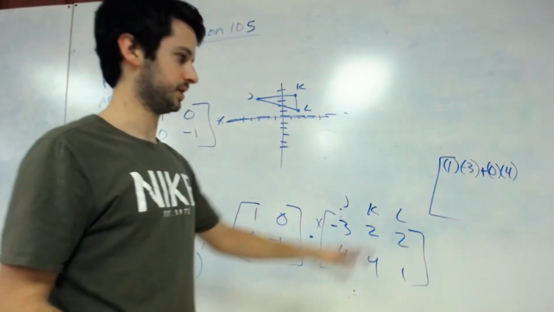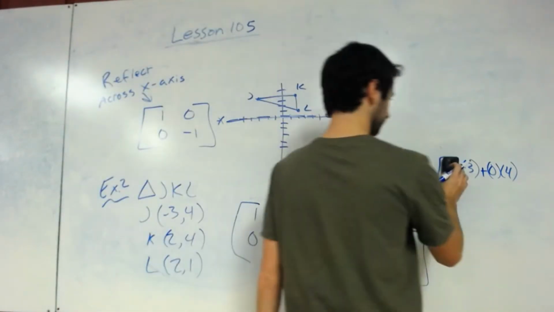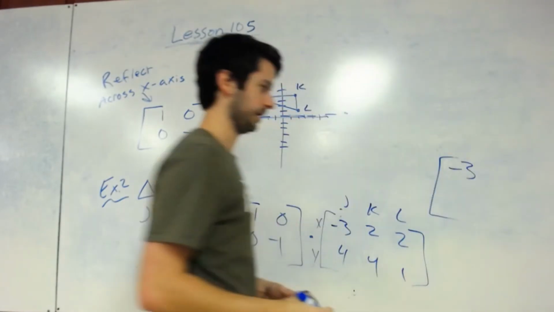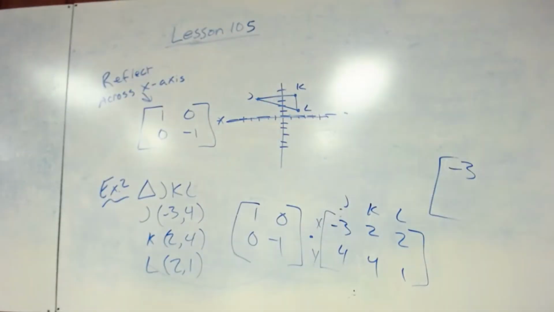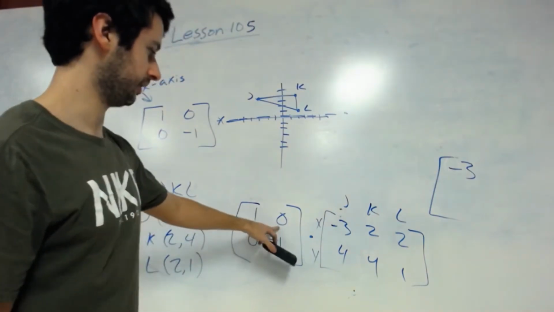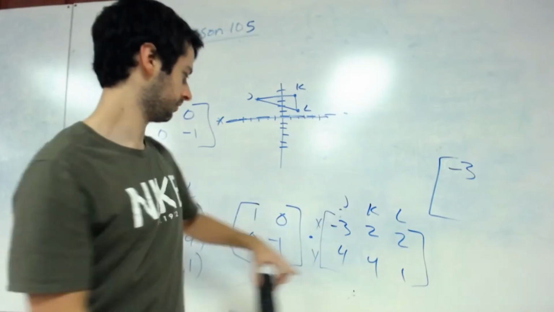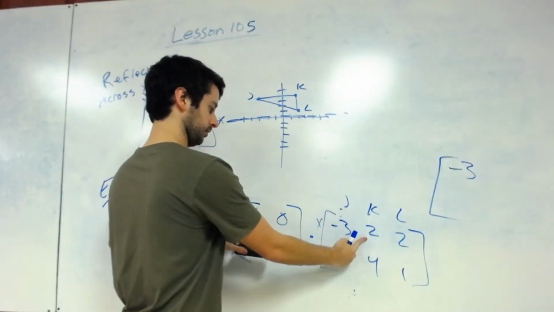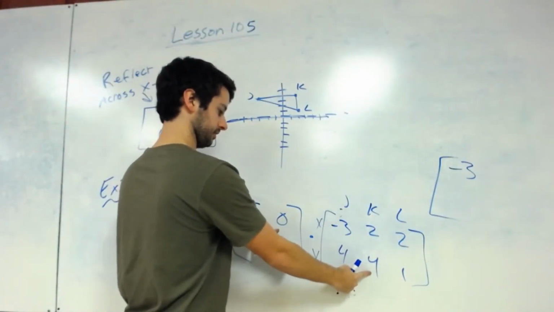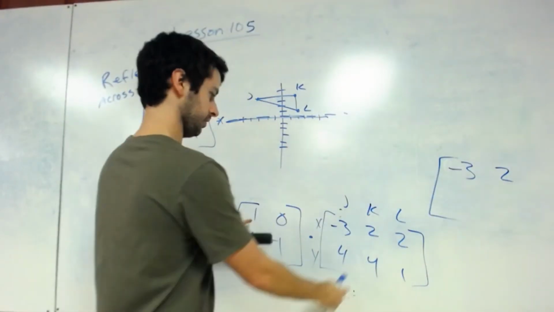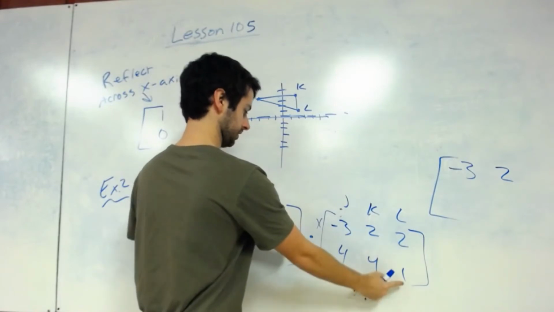So 0 plus -3, that's -3 for my top spot. Then I move to the second column. 1 times 2 is 2, 0 times 4 is 0, so that would be a 2. 1 times 2 is 2, that's obviously 0, so this is also 2.